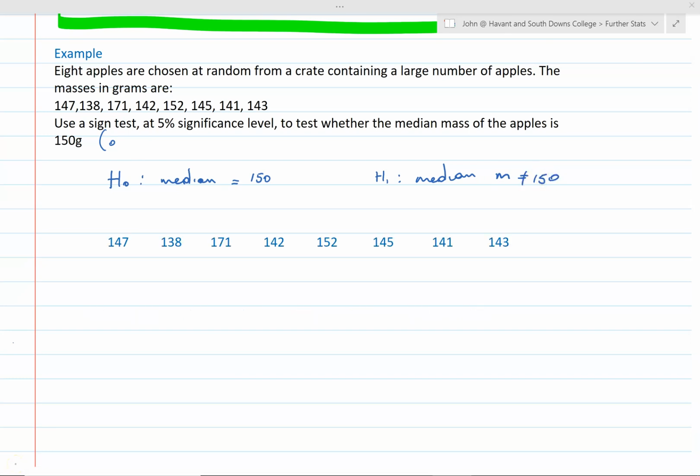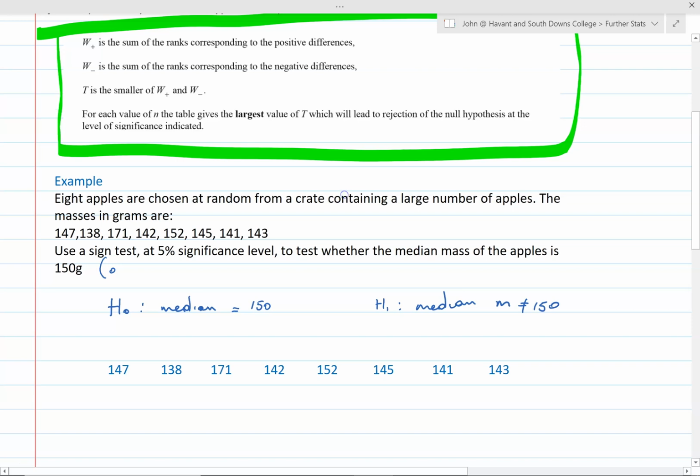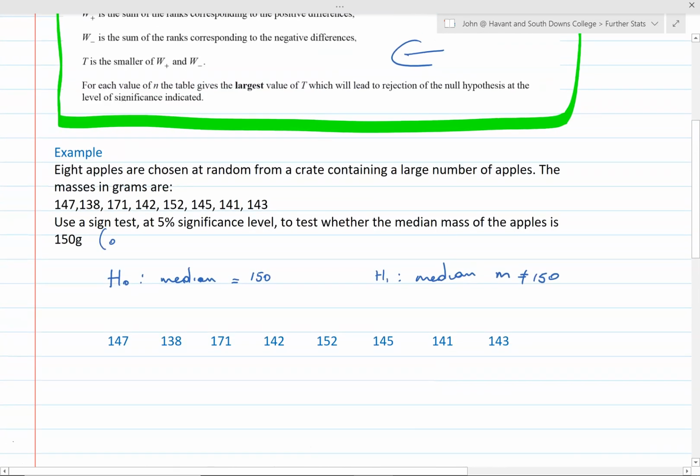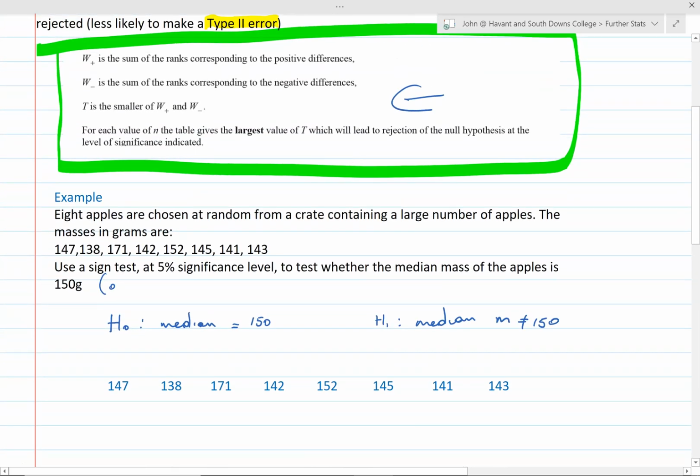Firstly, it seems a little bit unintuitive the way this test works. Thankfully, the actual process is given in the formula book. Some guidance on the process is given in the formula book for OCR, and you're given a table of values which work for small samples. I'll just take you through one example here, and then hopefully you'll have got the idea, and that should be enough.